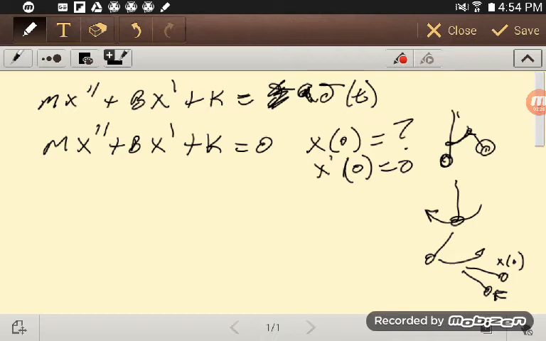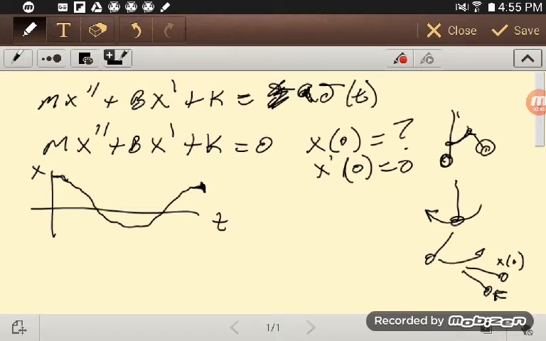So you're trying to figure out, here's t, here's x. You started it at some angle, and it's going to go down like this and come back up, but not quite as far up. You should be able to figure out exactly where that is.